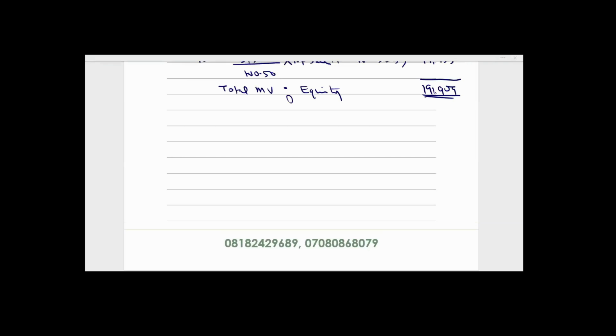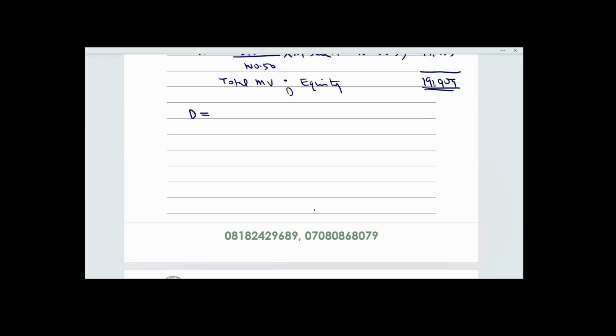So D equal to, let me put it this way. Bank loan, that is D, is not a traded debt.